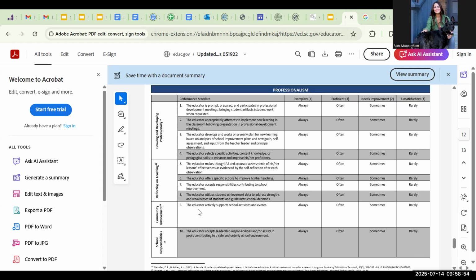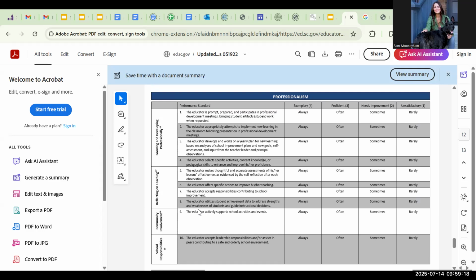You can go to an art show or anything like that that really provides more than just the bare minimum, things that help you to establish good rapport with your students, their families, the community, your colleagues.